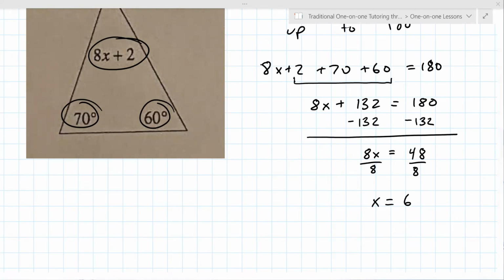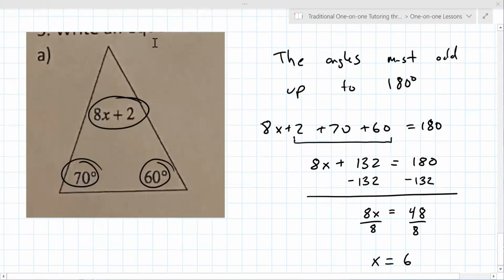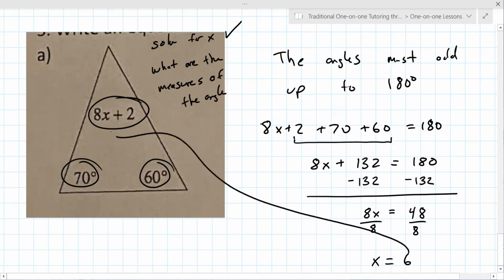Like this problem, it says to solve for x, and we've done that. We're happy we got the right answer. But sometimes it says, what are the measures of the angles? That means you have to take 6 and put it in for x.